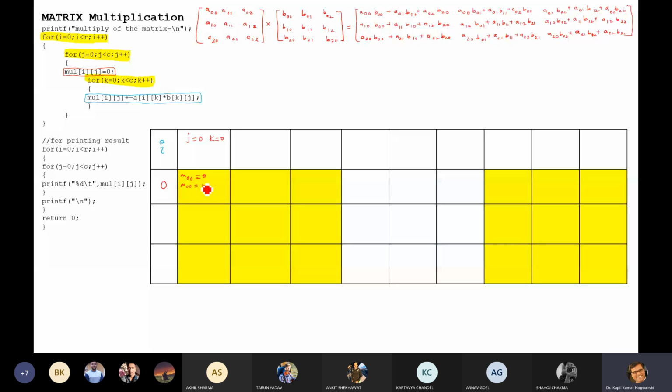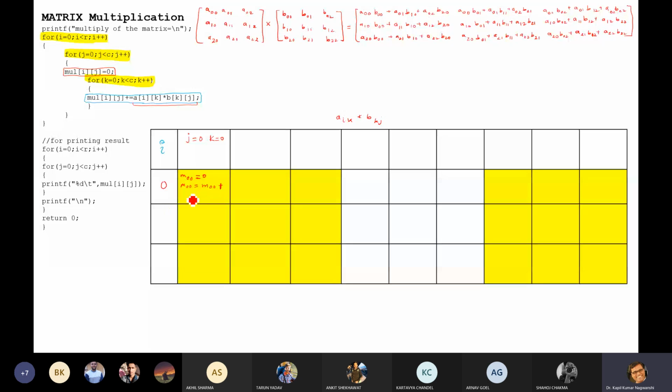m00 equals to m00 plus, from the next line I am writing this term. What is our term? This term is, I'm writing here somewhere, Aik multiplied by Bkj.